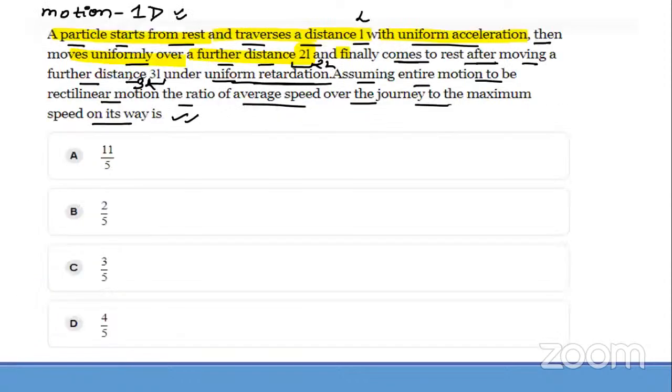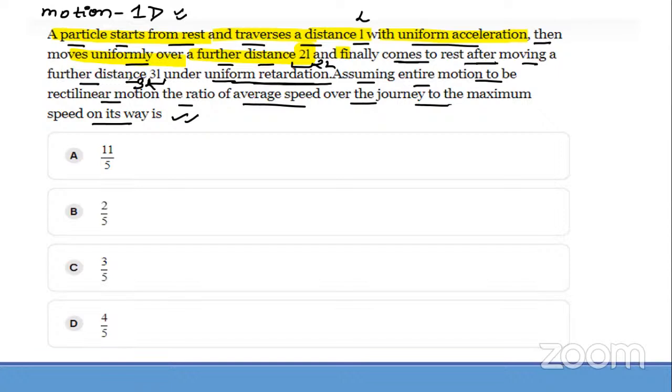Now it's given here. You have to find the ratio of the average speed over the journey to the maximum speed on its way. Maximum speed on its way. Okay? Student, one thing is very much clear. The maximum speed attained by the particle is how much? If the particle starts from the rest, it accelerates and it acquires a particular speed, then acceleration is 0. It moves with a constant speed, and again it retards to come to 0.